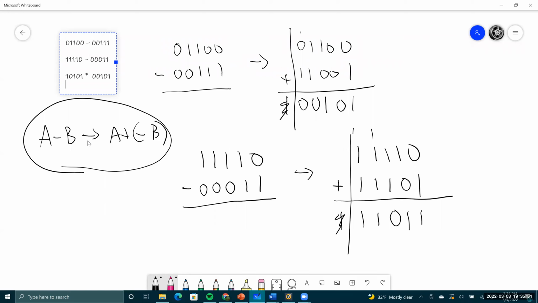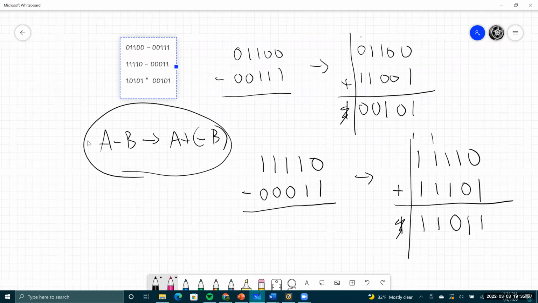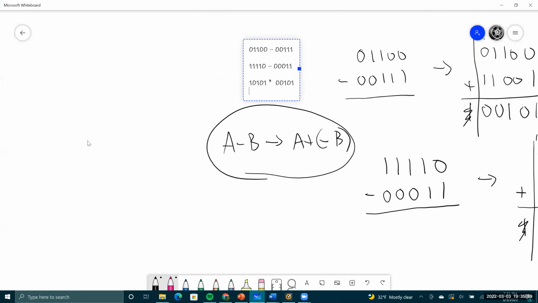All right, so the last problem on here is, I'm going to shift this over, multiplication. So remember, integer multiplication requires either sign extension, right, or changing everything to positive. Okay, so let's just change everything to positive.